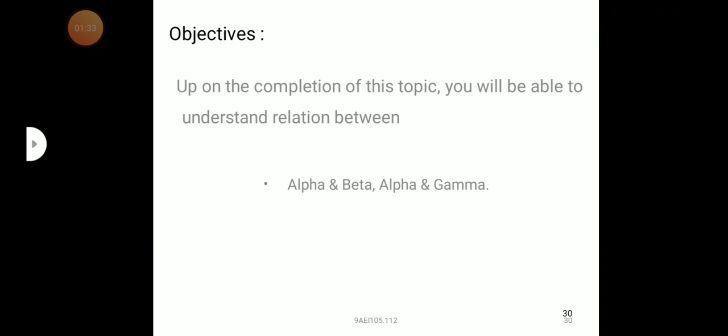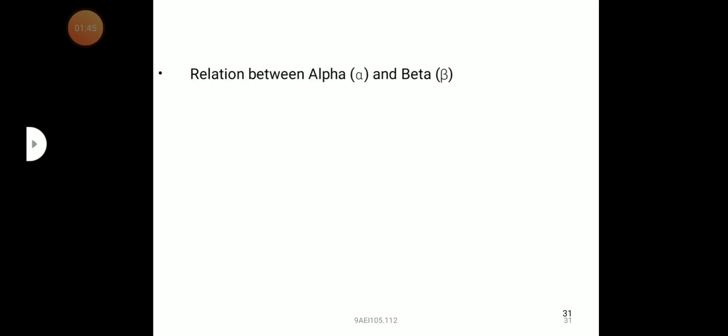Now we discuss the relation between alpha, beta and alpha, gamma. First we try to know alpha, beta. Already we discussed this in the previous class in detail.